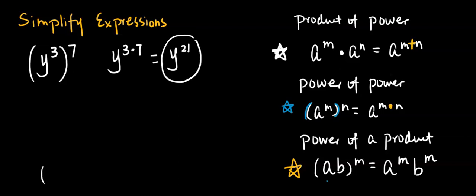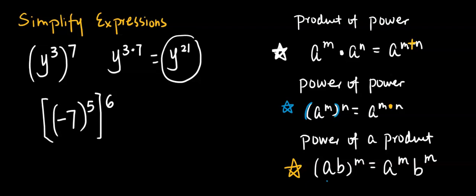All right, that's it. Let's practice a little bit more. Oh, I have this one. It's quite interesting. Negative 7 in parentheses. We're going to give it the fifth power, okay? And outside, let's give it a 6th power. Does it look like the blue star?